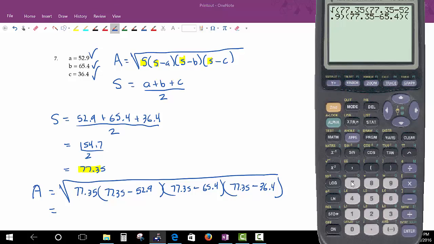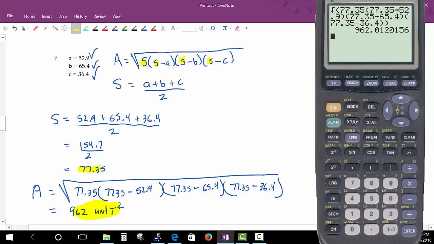And then the last thing would be 77.35 and subtract the last side, 36.4. So you can see on my calculator I have S, S minus A, S minus B, S minus C. And then you can put that parenthesis to close. That closes the parenthesis that's right by the square root. Press enter, and then it's all calculated for you. So we'll just round that off to 962 square units. Okay, and that's all there is to Heron's formula.